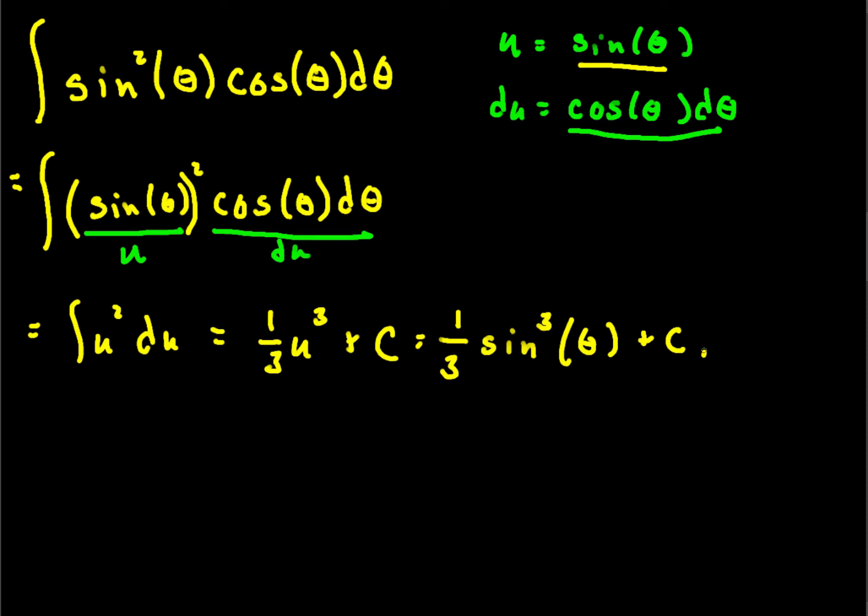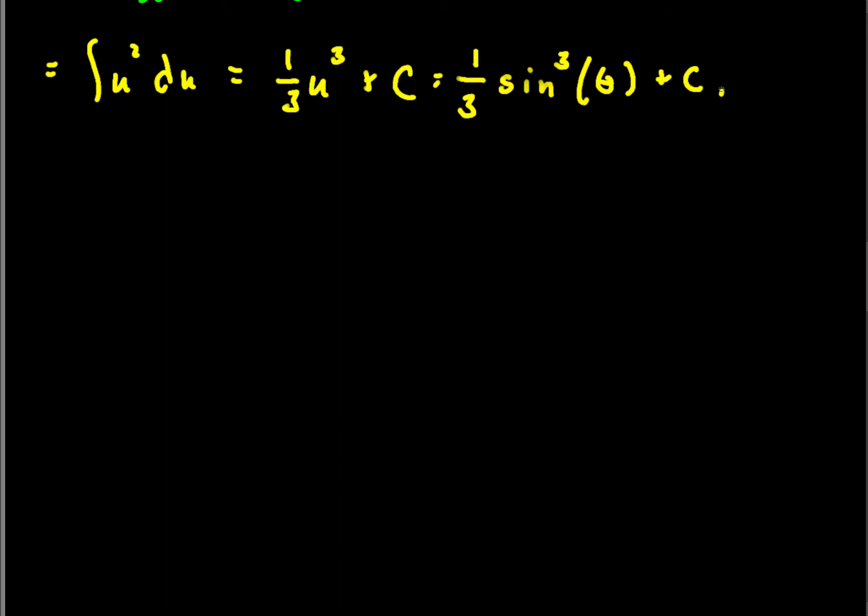Let's do another one. So let's determine what is the indefinite integral of x, say x, e to the 1 minus x squared with respect to x. And for u substitution to work, I've got to find out what is the internal function.